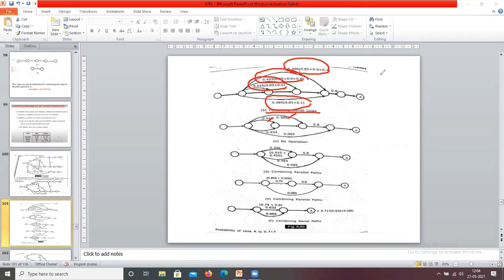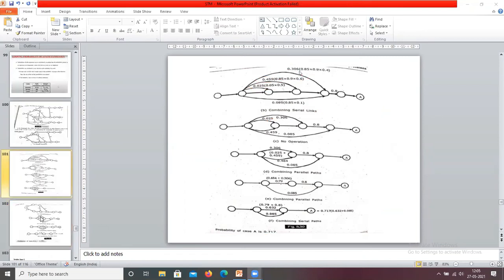If you apply all the rules we discussed, first you are going to combine the serial links. After that you are going to combine the parallel paths. Then we got the value 0.717. So this is for case A.